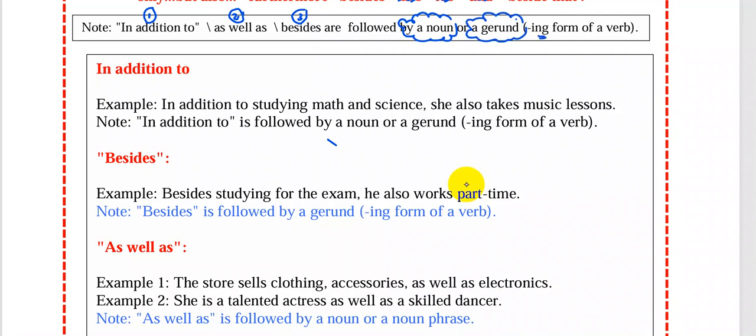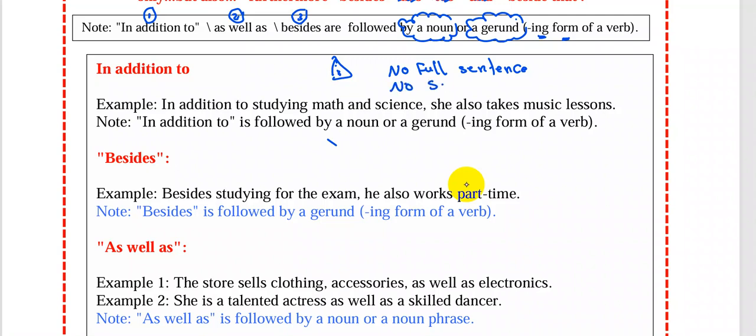A gerund means the ing form of a verb. What does this mean? It means there will be no full sentence following them. Pay attention to this rule. This is very essential. No full sentence.